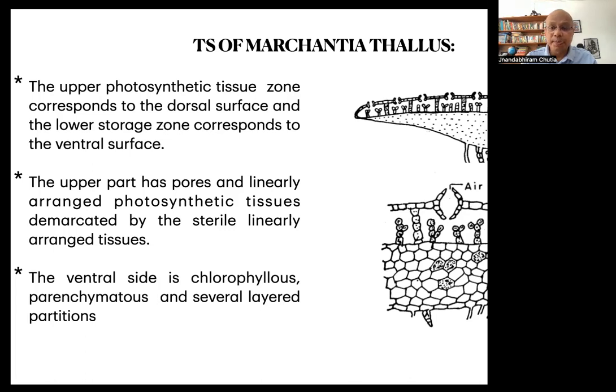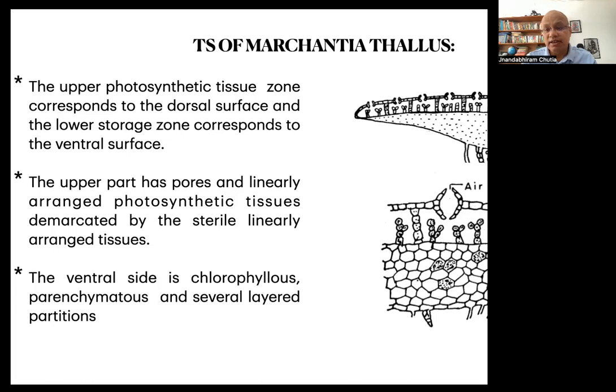Since these plants didn't have any vascular bundles, they had to store the food products that were synthesized immediately below the upper portion of the thallus.